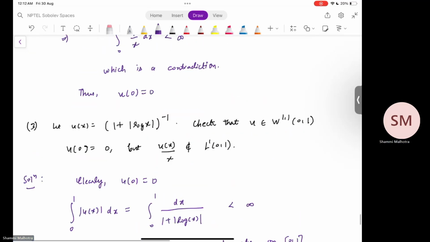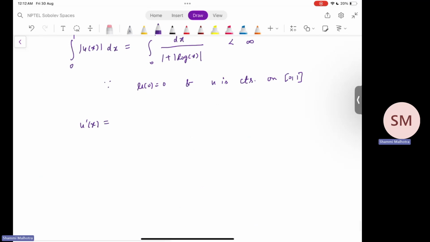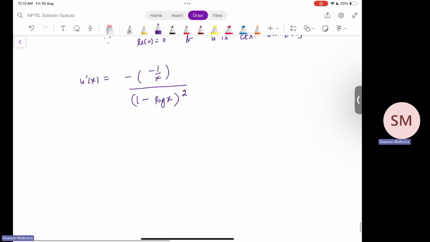My u'(x) is nothing but minus 1 upon x times (1 minus log x) squared. So the integral from 0 to 1 of |u'(x)| dx is nothing but the integral from 0 to 1 of 1 upon x (1 minus log x) squared dx.